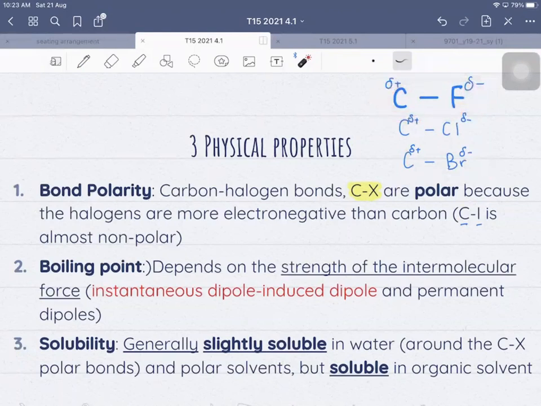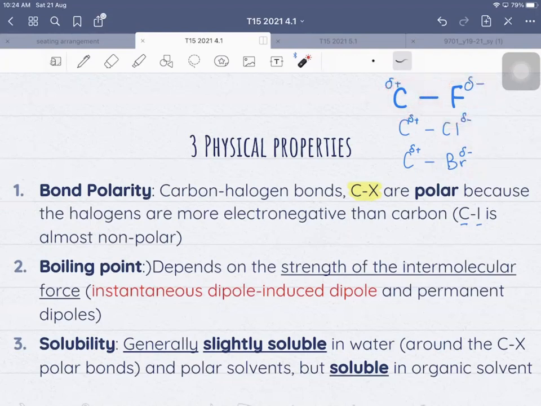This is a common mistake made by students, thinking, oh, carbon is 3.1 and bromine is something. The most polar bond is the one that has the biggest difference. You have to take the electronegativity value of fluorine minus the electronegativity of carbon.